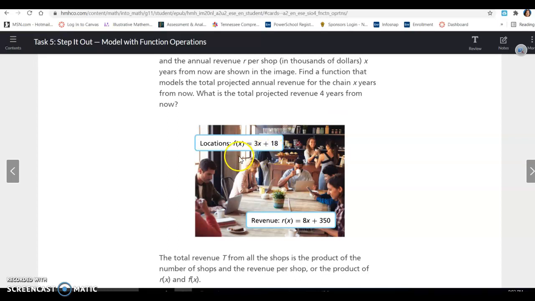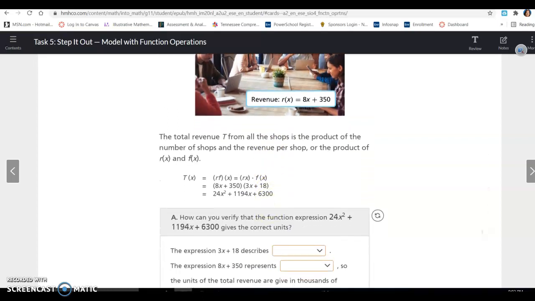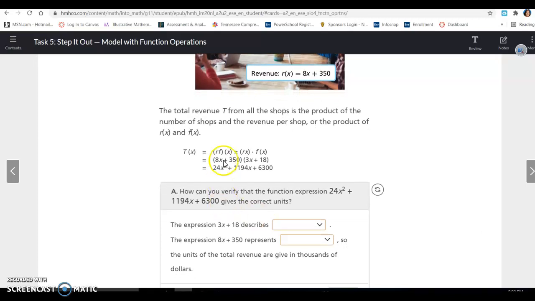All right, so this is locations. Your f of x is 3x plus 18, and the revenue, r of x, is 8x plus 350. So locations, f of x, revenue, r of x. So it says total revenue, T, from all the shops is the product of the number of shops times the revenue per shop, or the product of r of x and f of x.